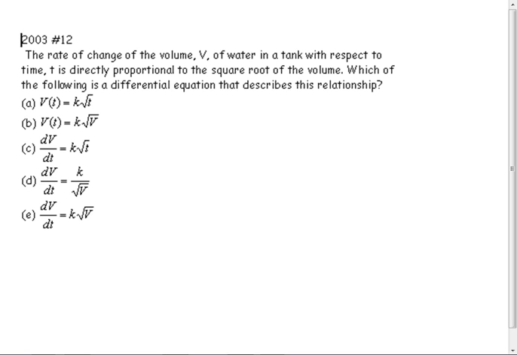It is E. So if you read it, it says the rate of change of the volume, which now tells me it has to be C, D, or E. It can't be A or B, so I'm going to throw those out. Read through all the answers, by the way. It's directly proportional, which means that if time increases, volume increases. That's a differential equation, and we're not solving it.